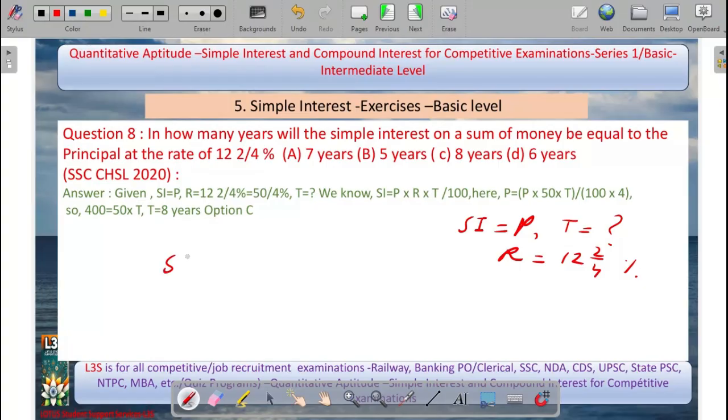So we know simple interest equal to P into R into T by 100. Now SI is equal to P. So P is equal to P into R into T by 100, with R equal to 50/4%.